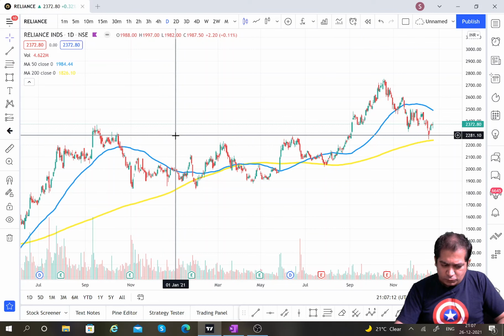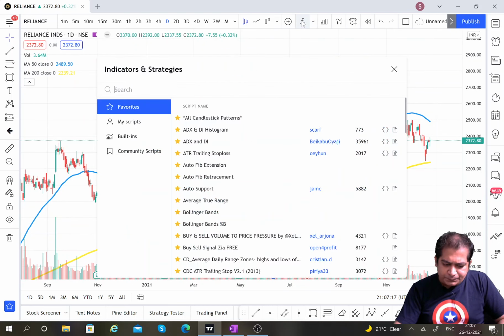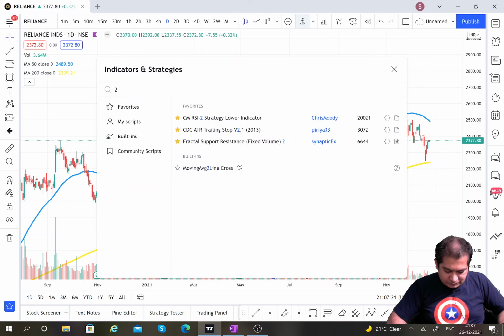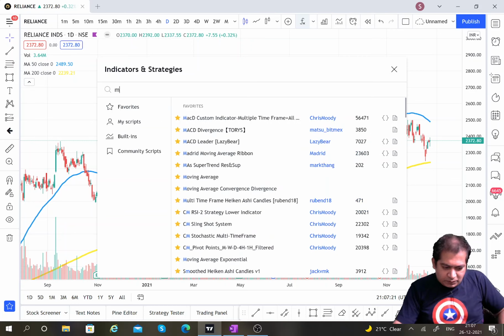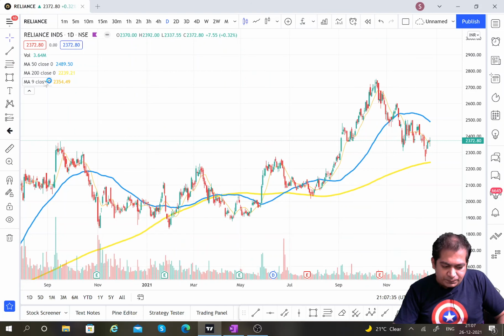So I will take another moving average into consideration. Now let's take a 20 period moving average. I'll take one more. I have clicked. Again it came up with the default of 9.